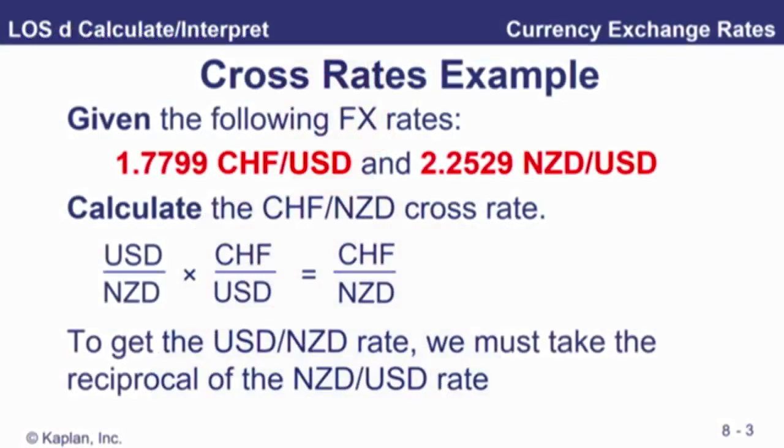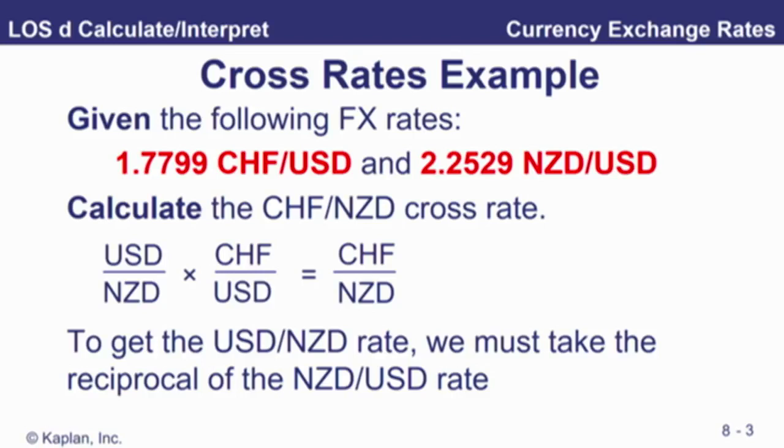And finally, cross rates. Cross rates, again, solid calculation and a scene setter for level 2. We'll do a lot of this to try and make arbitrage gains at level 2. So, it's a basic bit of math. What have we got here? Following FX rates, we've got Swiss francs per US and New Zealand dollars per US, 2 rates.